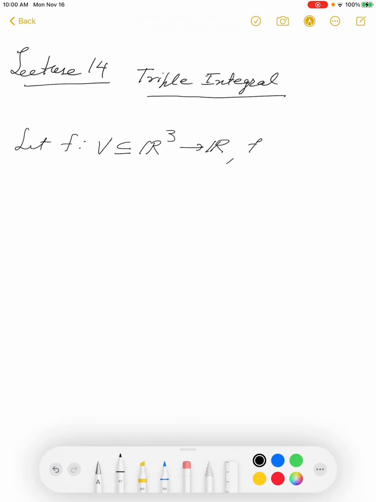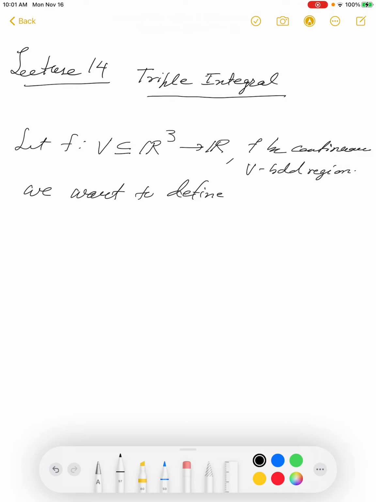So it's a scalar field f being continuous. So we want to define what is meant by the integral of f over this region V. Let's take V to be a bounded region, so it doesn't shoot up to infinity.